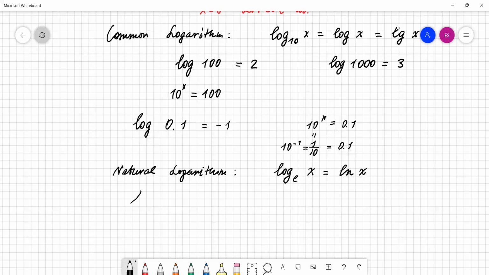For example, ln of e: to which power do we need to raise e to get e? x equals 1, so we write 1 over here. ln of e squared: to which power do we need to raise e to get e squared? Obviously, the power is 2.